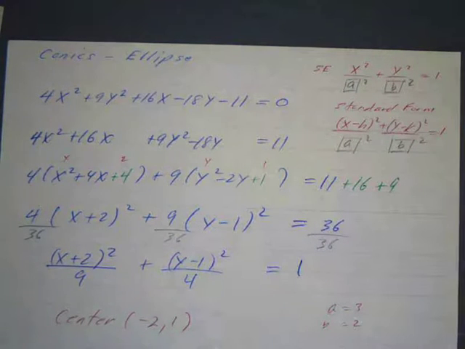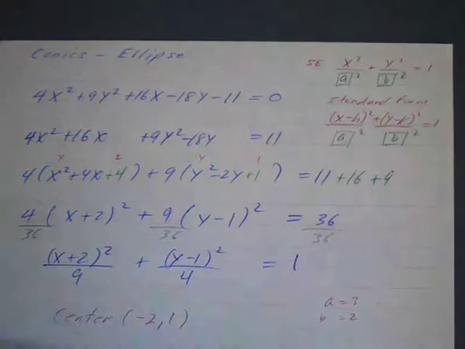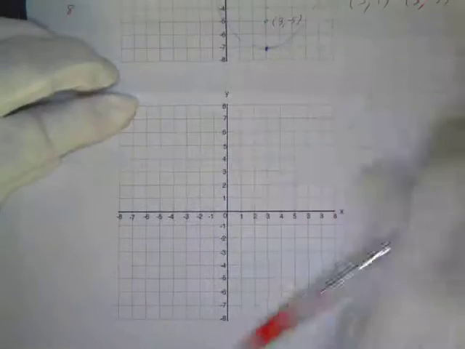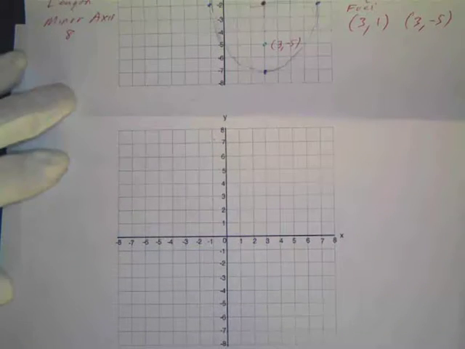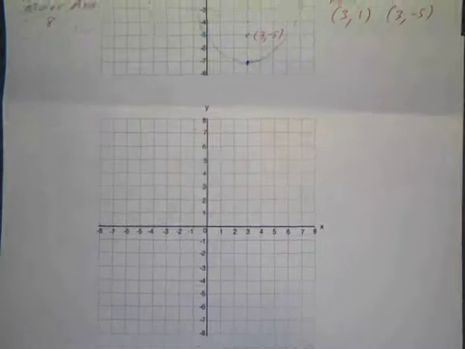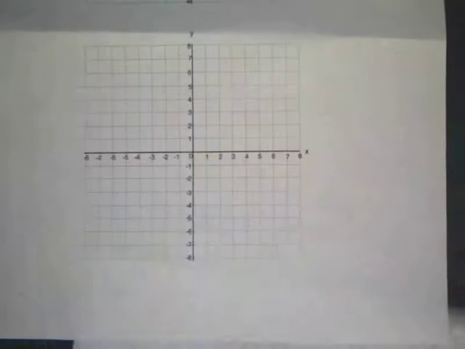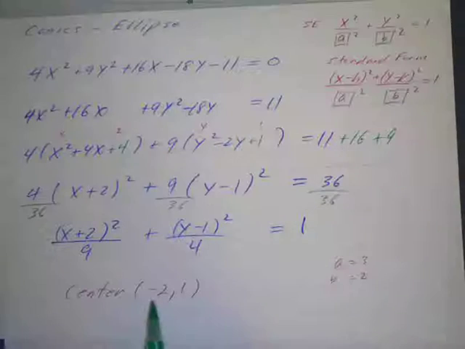I can do it on this one here. All right, so we'll just put our center in. So our center is going to be at, like this. Here we go. So my center is at -2, 1.